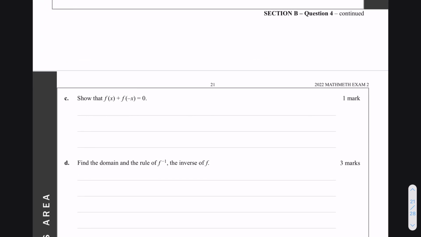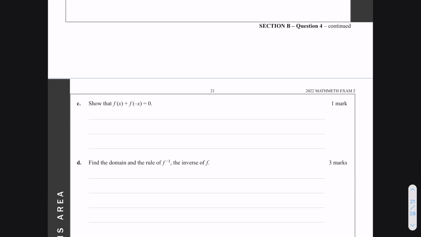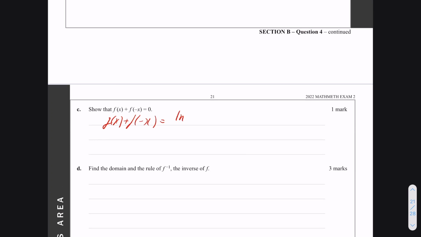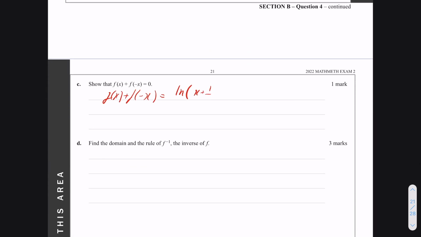Show that f of x plus f of negative x equals 0. Okay, well, ln of x plus 1/2 minus ln negative x plus 1/2, plus ln negative x plus 1/2, so we replace x with negative x in the next one, minus ln of negative x, so x plus 1/2.